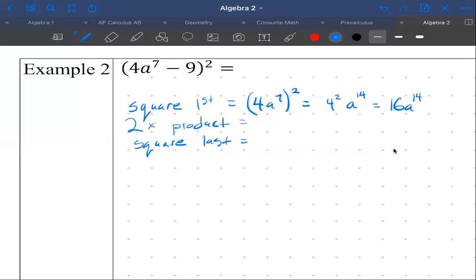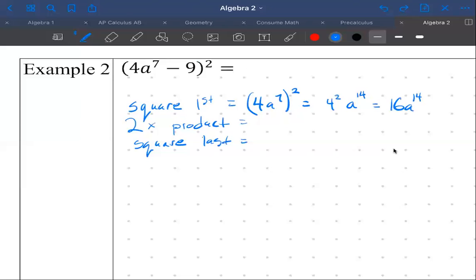Thank you. I need someone to find the product. When I'm taking the product, I need to do the product of -9 times 4a to the power of 7. Include the sign in front of it. That's the most common mistake when you're finding the product of those two terms. Wyatt, can you find the product?